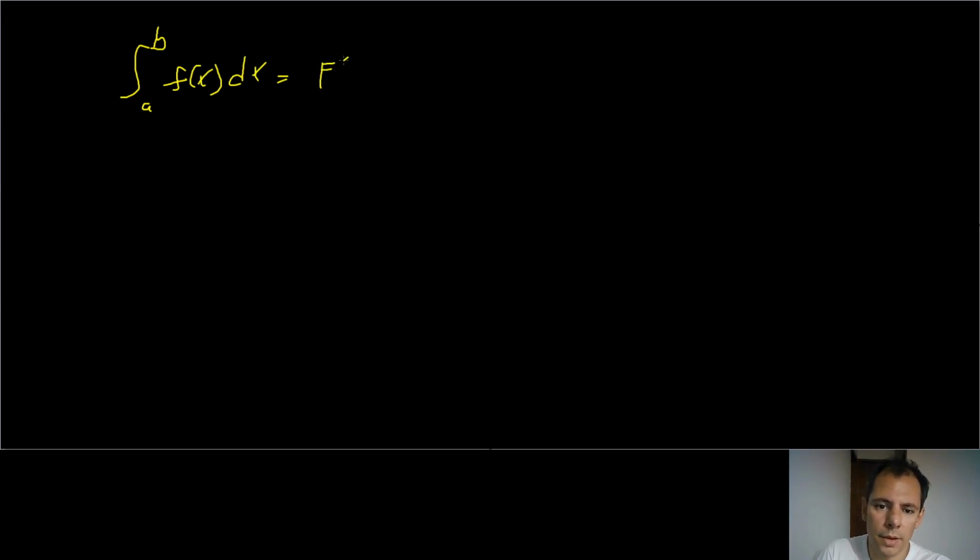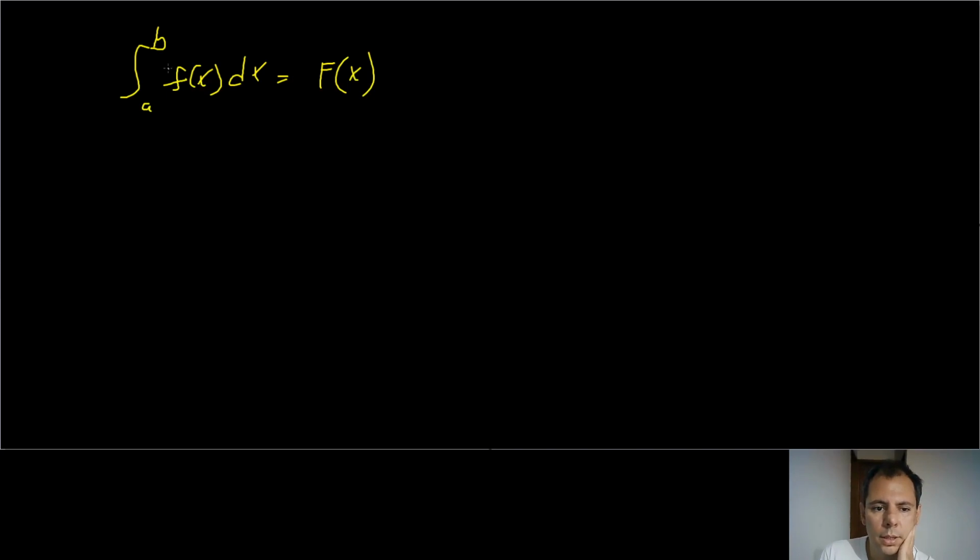Capital F will be the antiderivative or the integral, and lowercase f of x is the derivative itself. So this is the integration of this, and this is the differentiation of this. So this is going to be F of x plus c, but we're not going to worry about the plus c right now, just the F of x.